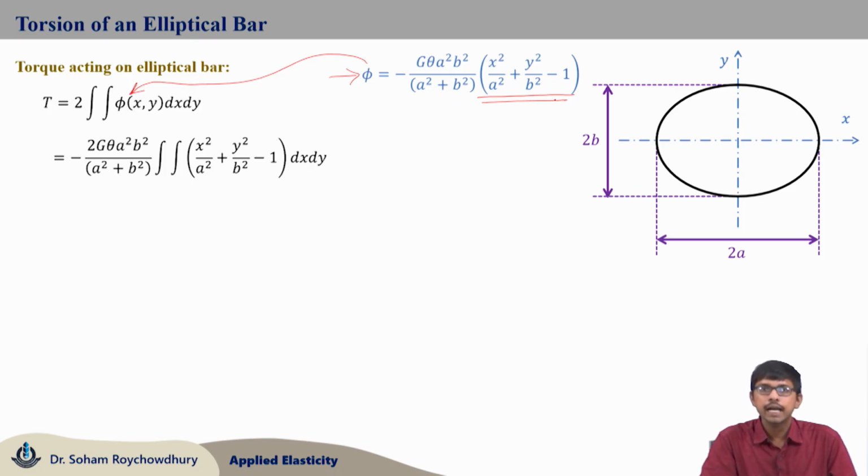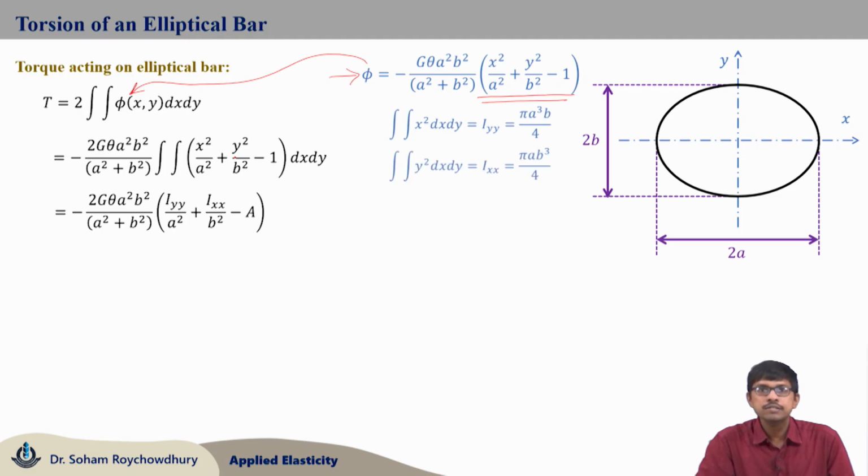Now, if you try to recall the properties of any area, what is the double integral or area integral of x square dx dy and what is the area integral of y square dx dy? These are nothing but the 2 second moments of area, I yy and I xx. So, we can write the integral of x square dx dy equals I yy and the integral of y square dx dy is I xx, and the last term, the integral of dx dy, is the total area.